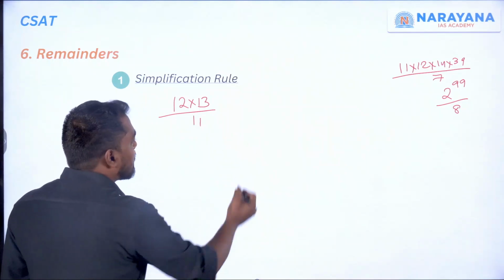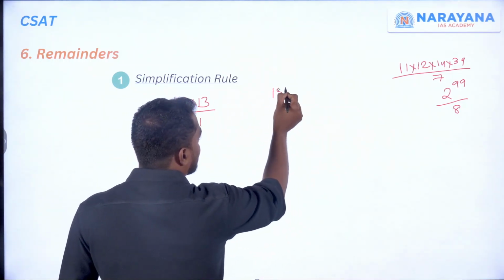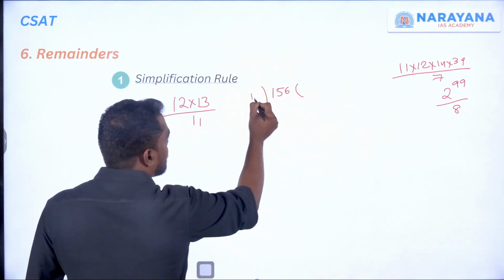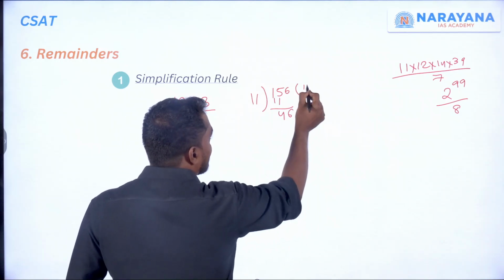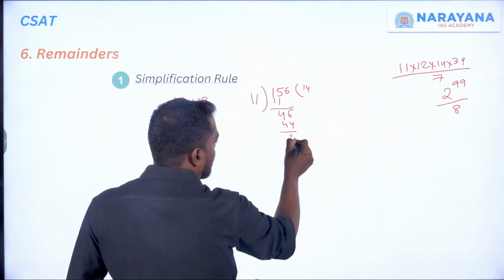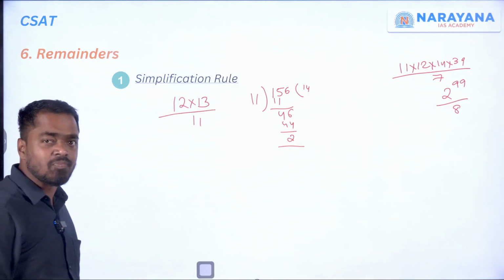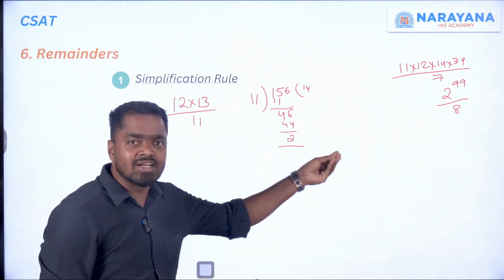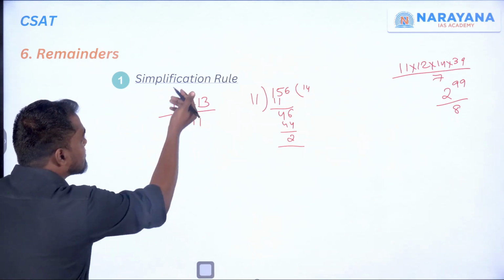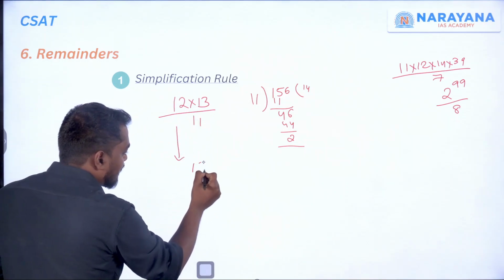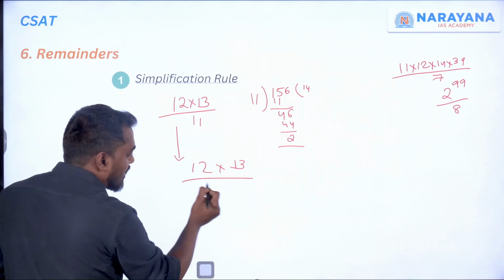Normally, how to find the remainder? 12 into 13 is nothing but 156 divided with 11. 11 ones are 11, 46, 11 fours are 44. You are getting a remainder of 2. But this is a little difficult process and time consuming. Now, how to apply this simplification rule? 12 into 13 divided by 11.